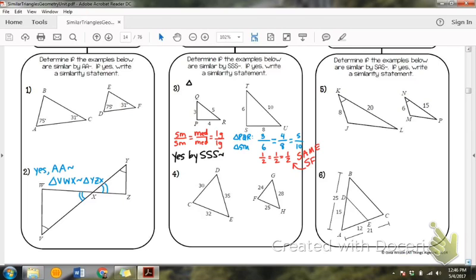And here's my suggestion. When I'm writing my similarity statement, I would always write small, medium, large. Okay? So if I have to go past the small side, that means I'm going to start at Q and go down to P, then to medium, then to large. You guys see that?